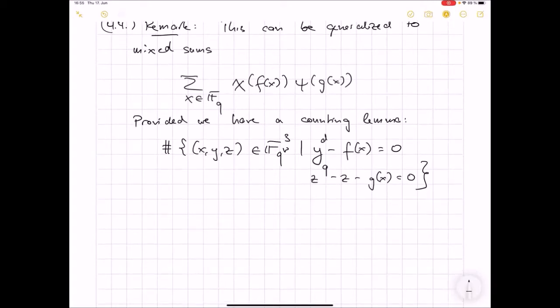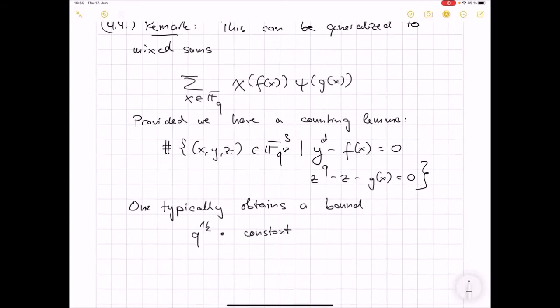Okay, what you get in the end is, one typically obtains a bound q to the 1/2 times a constant.